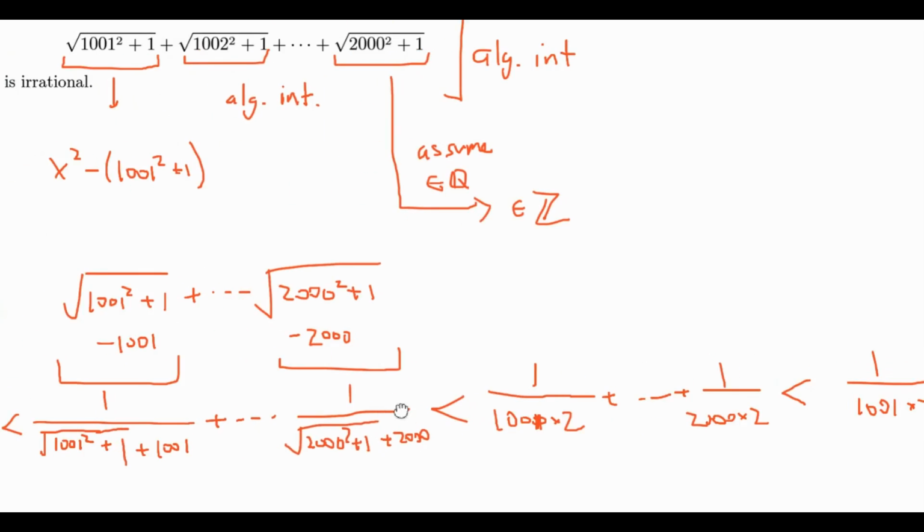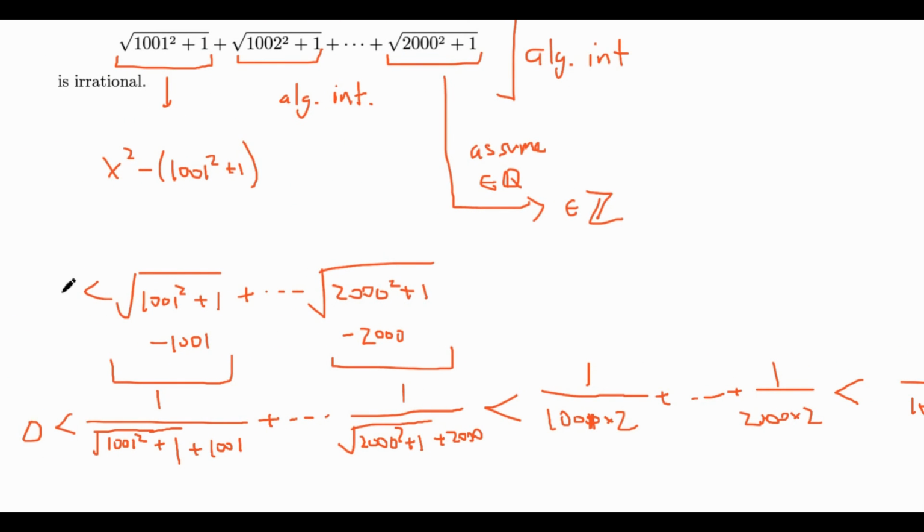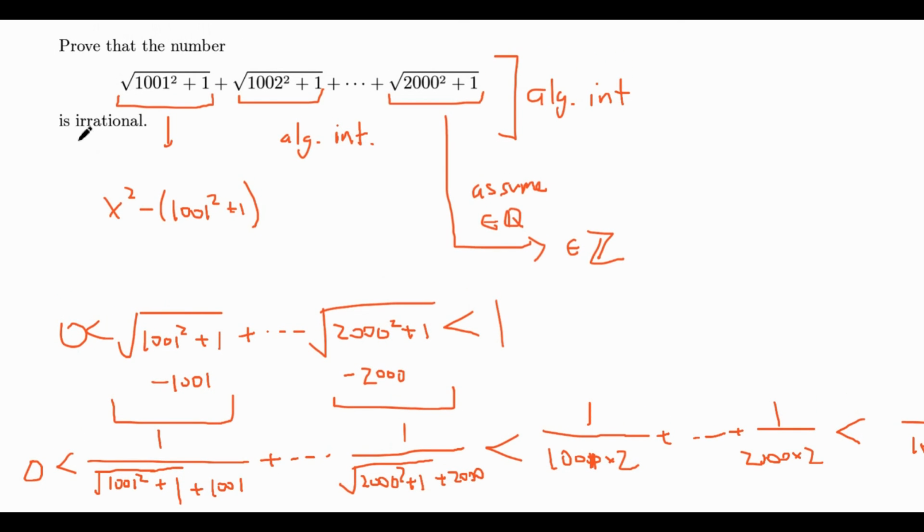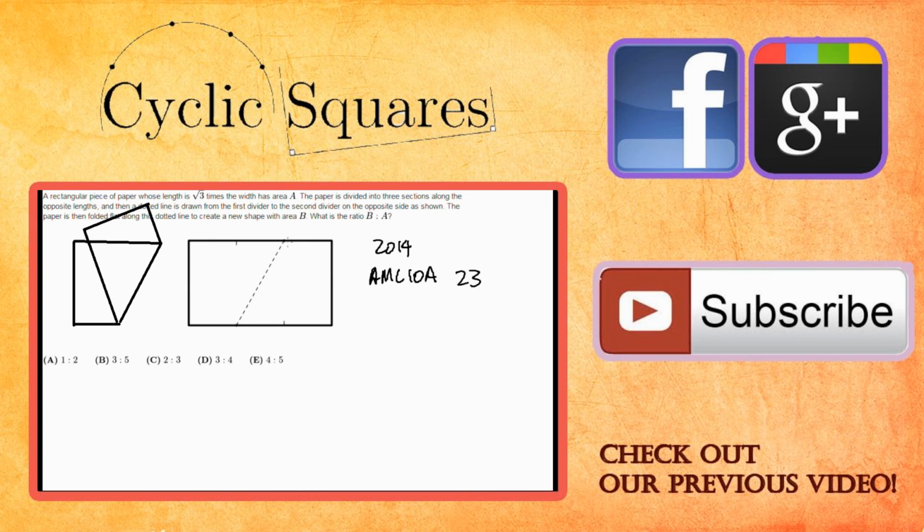So this entire expression here is greater than 0 and less than 1. So that means it can't possibly be a rational integer. So therefore we have arrived at a contradiction, assuming that this number is rational, so therefore it is irrational, and we are done.